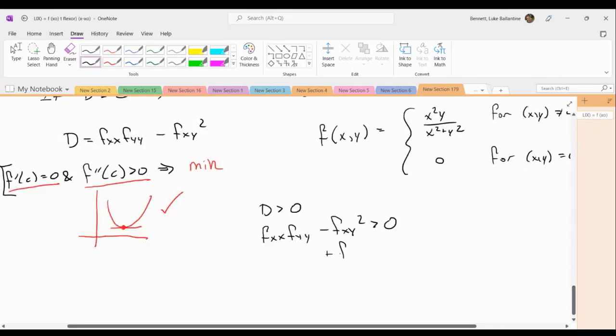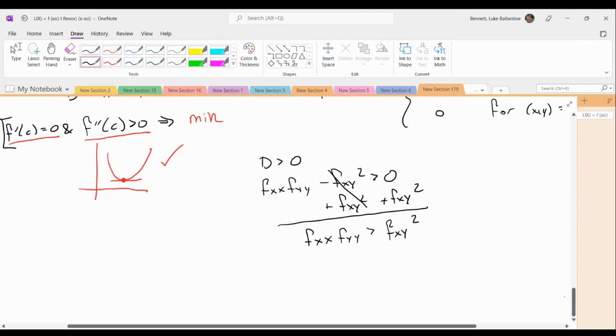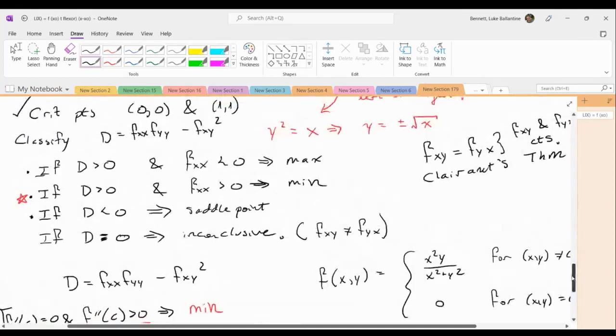Then I'm going to add fxy squared to both sides of this inequality. We have fxx fyy is greater than fxy squared.